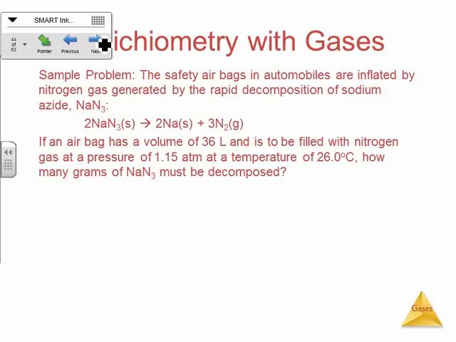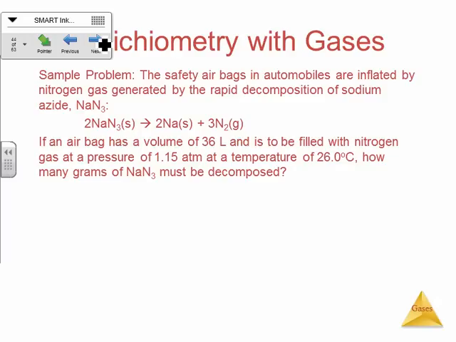This is the reaction that's happening there. But obviously, it's very important to do the correct calculations with these to know how much of the sodium azide, NaN3, you need in order to not overfill or underfill the bag. And so stoichiometry becomes very important at this point. But we want to pay attention to the volume of the bag, right? Because we're filling it with a gas, so we want to make sure that we fill it with the correct volume of gas.